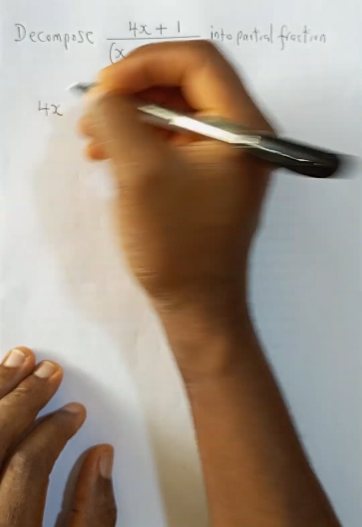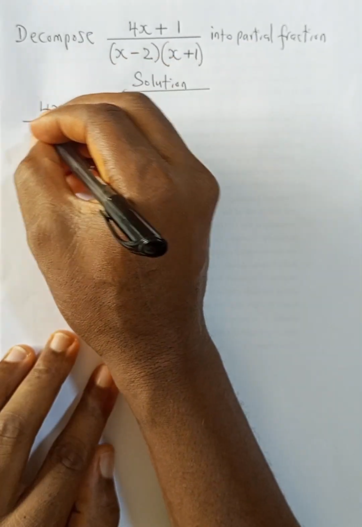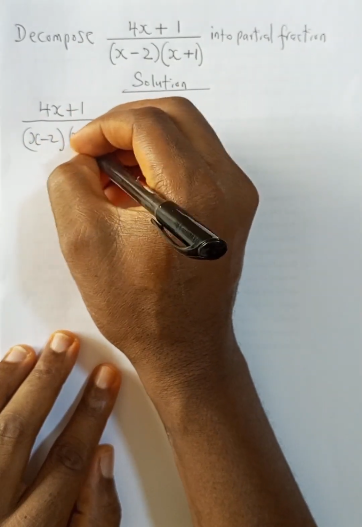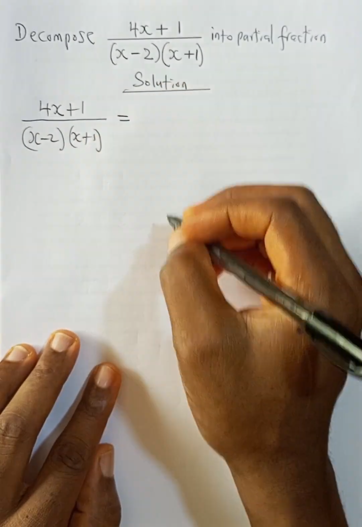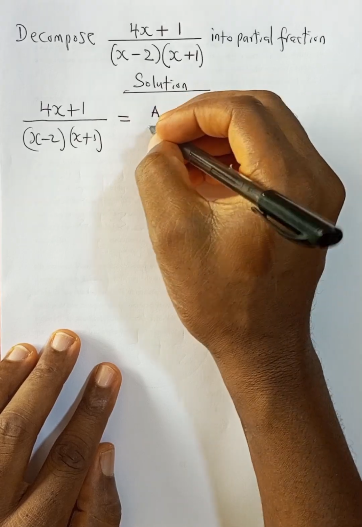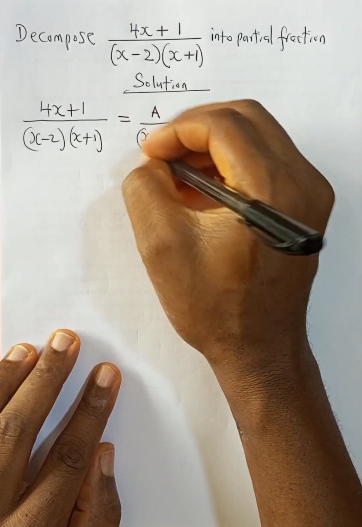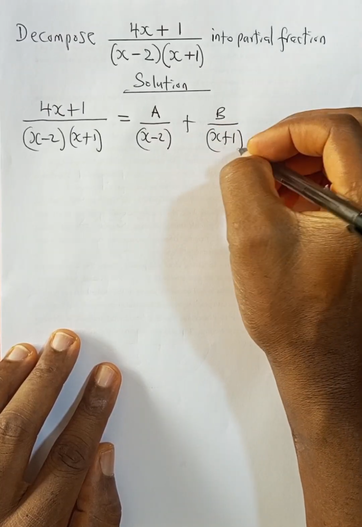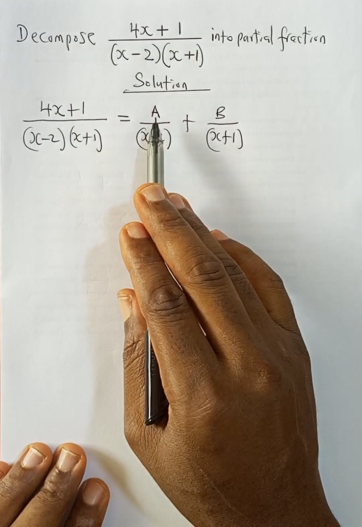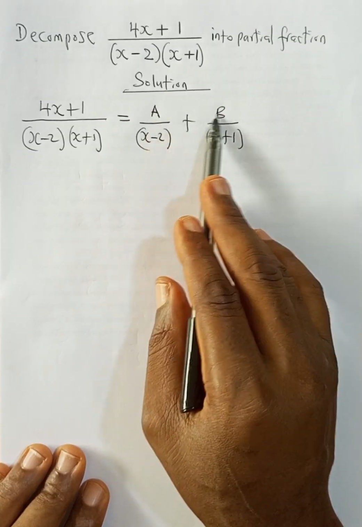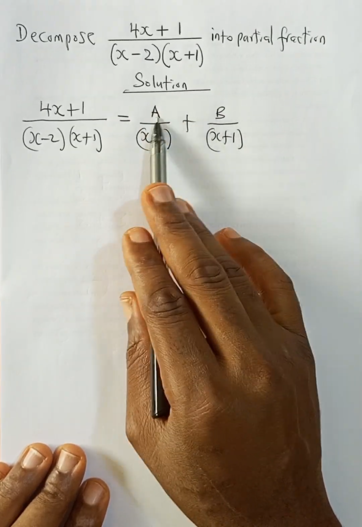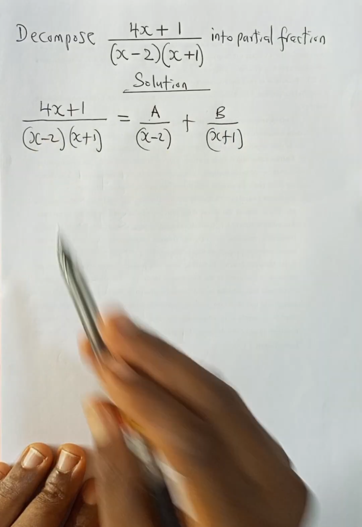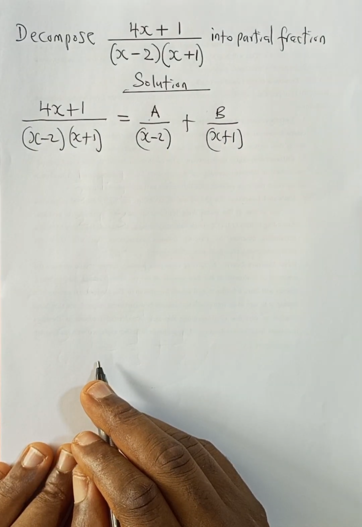We say that 4s plus 1 over s minus 2 times s plus 1 is equal to, let it be, A over s minus 2, then plus B over s plus 1. So as it is now, we are looking for A and B. Once we know the values of A and B, and we substitute them, we have succeeded in splitting it into partial fraction. Can you get what I'm saying?